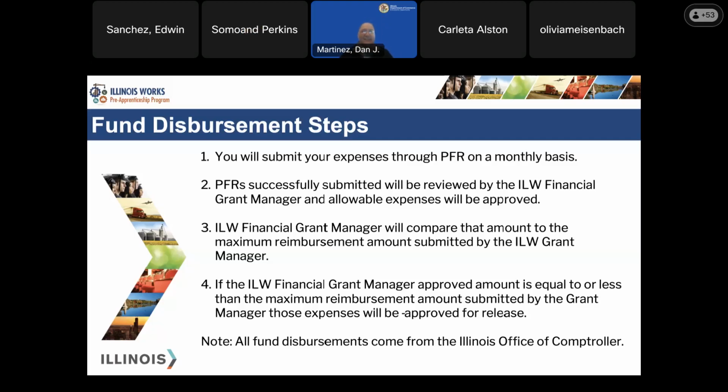So the financial grant manager will review your PFR and your ledger and your supporting documentation, and certify those allowable expenses. They will then compare that amount to the maximum reimbursement that was supplied by your programmatic grant manager as part of your monthly programmatic compliance.